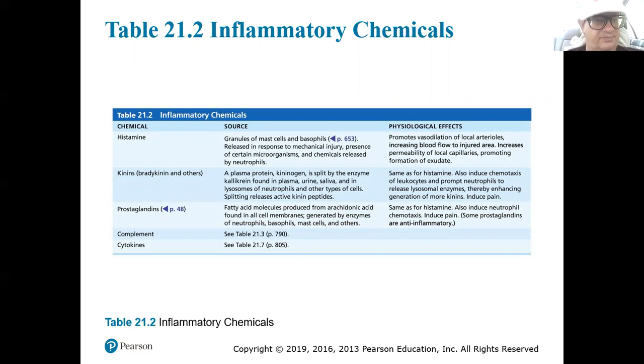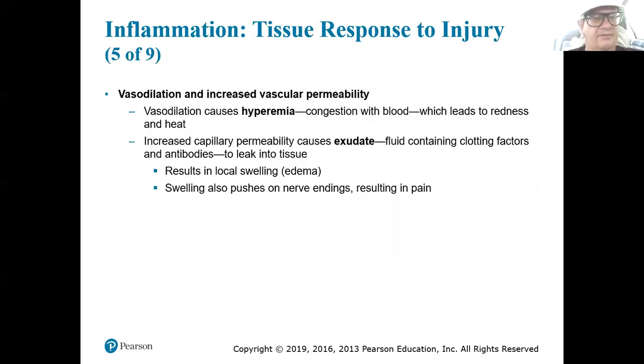They're so cool. All right, vasodilation causes hyperemia, congestion with blood, which causes redness and heat, because you've got lots of hot blood there. The increased capillary permeability causes exudate, meaning that you exude fluid. You have fluid leaking out of the blood vessels.